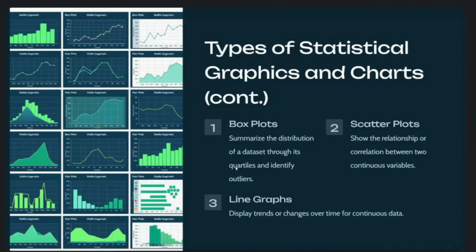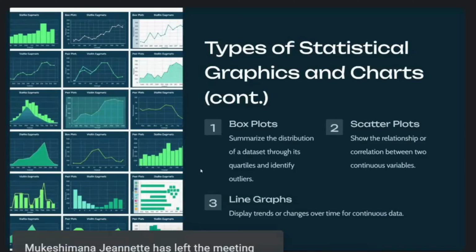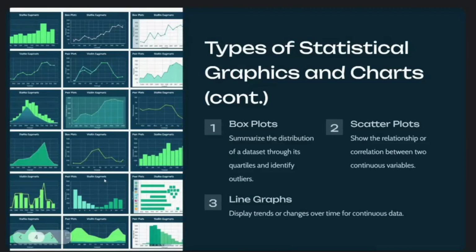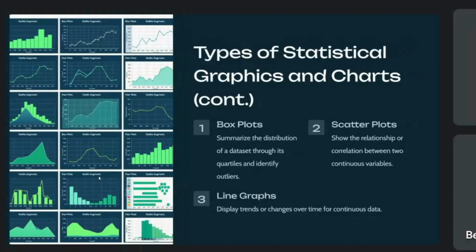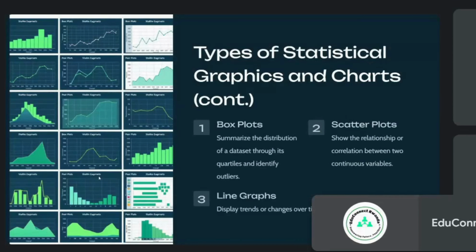So when you use the box plot, one of the things we are interested in is observing the box plot. When it comes to data visualizations, we try to plot that kind of chart so that we can see how it is.